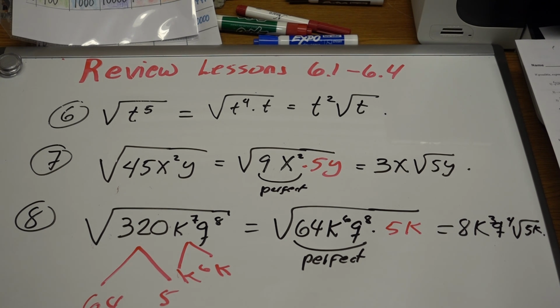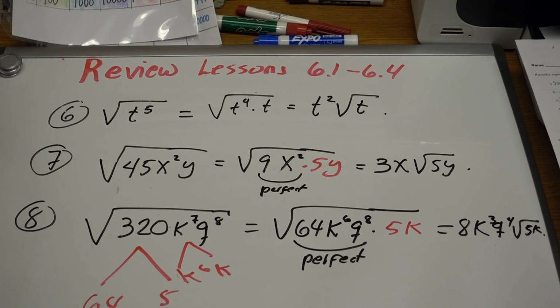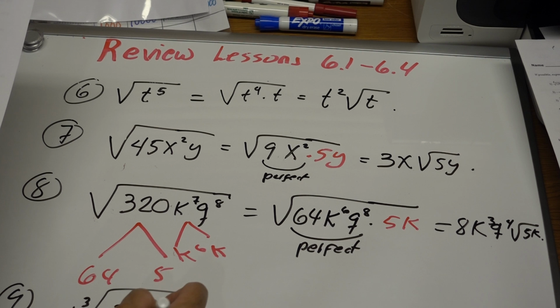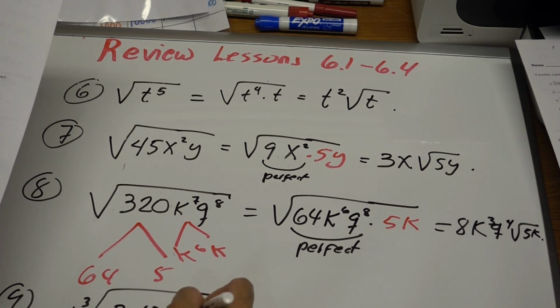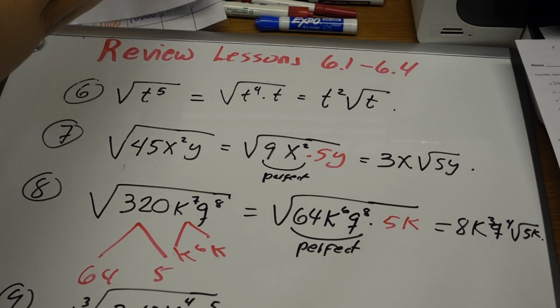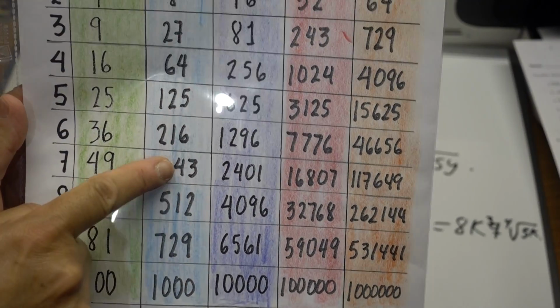Problem number 9, we have the cube root of 343 x to the 4th y to the 5th. If you look for 343 in the cube root column, 343 is right here.